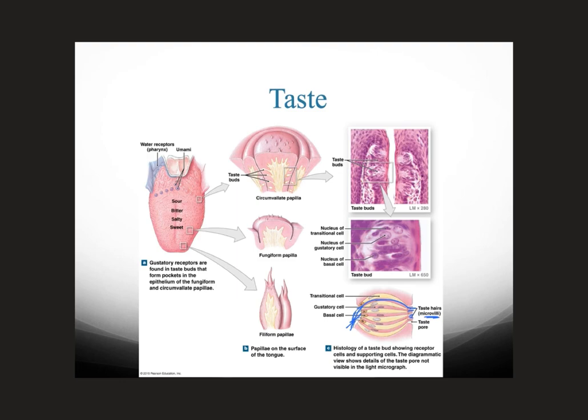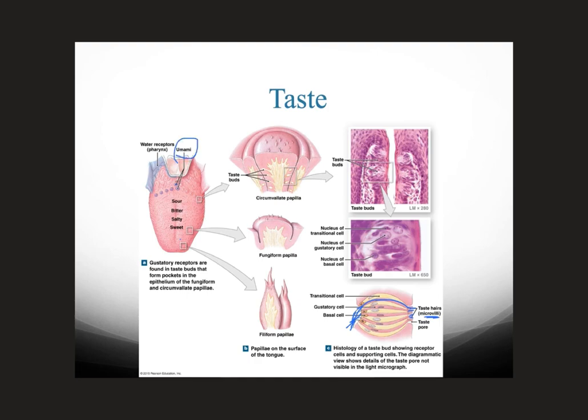Initially they thought that specific areas of your tongue were able to feel a little bit more of each of these specific gustatory sensations, but actually now they think that your whole tongue is able to feel all of these different types of tastes.